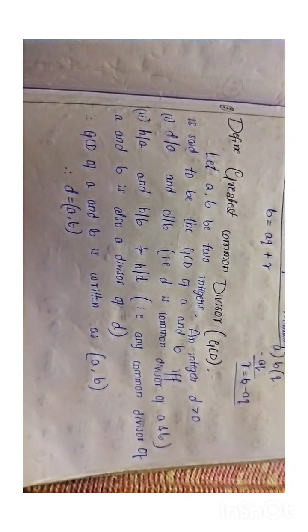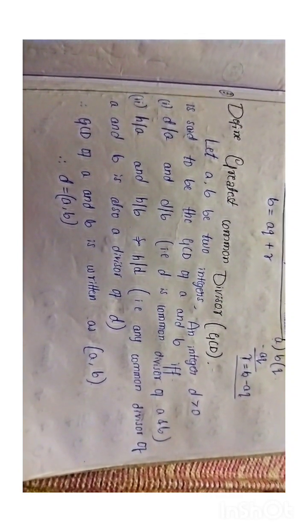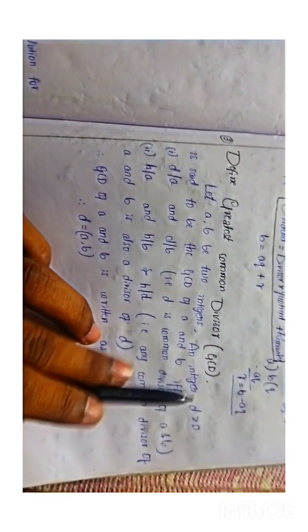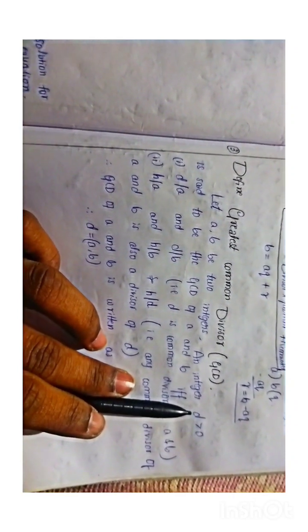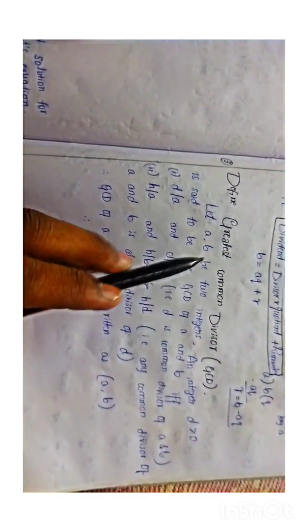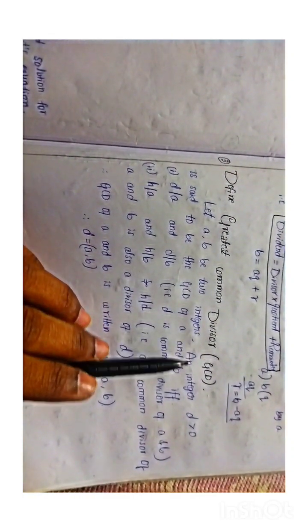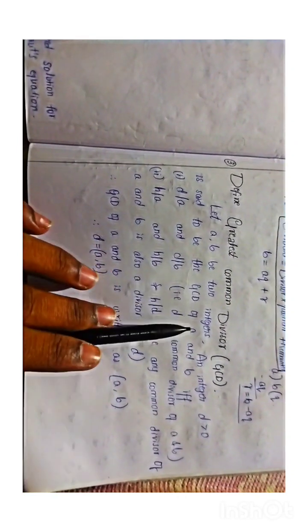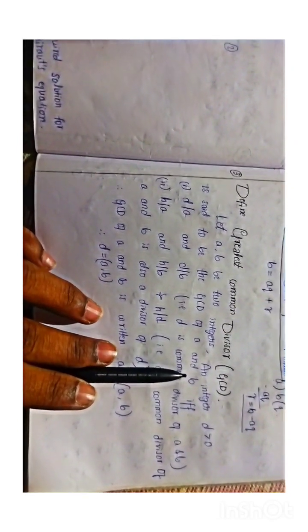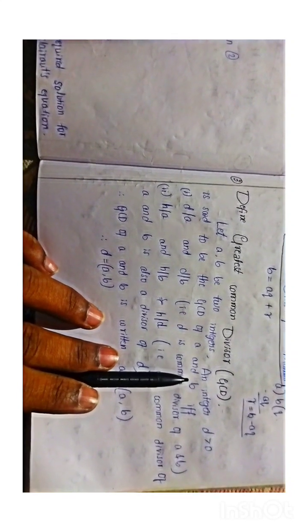Next we define the greatest common divisor, commonly called GCD. Let a and b be two integers, and an integer d greater than 0, where d denotes the GCD, is said to be the GCD of a and b if it satisfies two conditions.